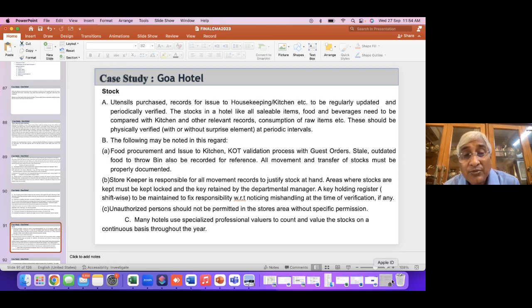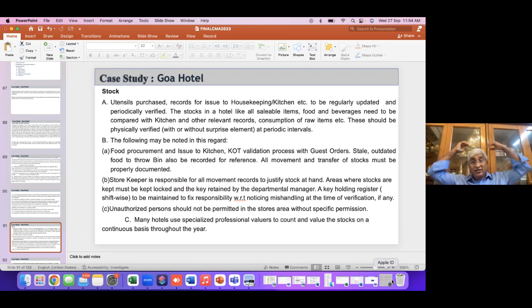Now, there are certain other points which may be noted: food procurement and issue to the kitchen, again another control aspect. Everything purchased or delivered by the vendor is not immediately taken for consumption. Yes, it can be, but the appropriate weight or measurement which is paid for goes to the kitchen, and the food prepared from the kitchen is almost the same as that ordered, because otherwise the material which is procured may not be used.